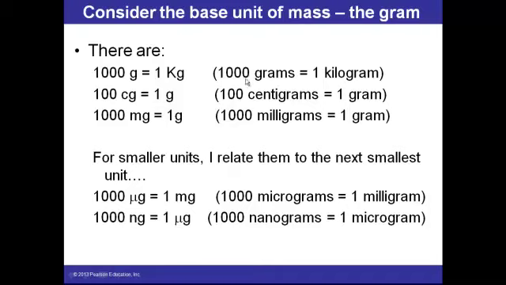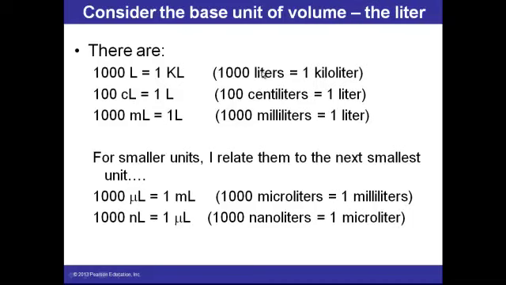So this is looking at the mass scale. So in the mass scale, we're looking at grams. In the volume scale, we're looking at the liters being the base unit. But the prefixes always stay the same. So when we're converting between the base unit and kilo, then it's going to be on the order of 1,000.